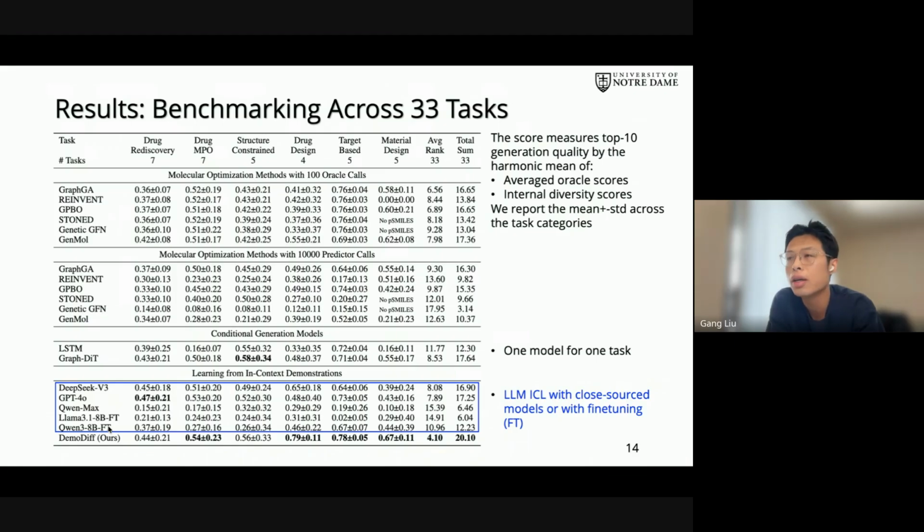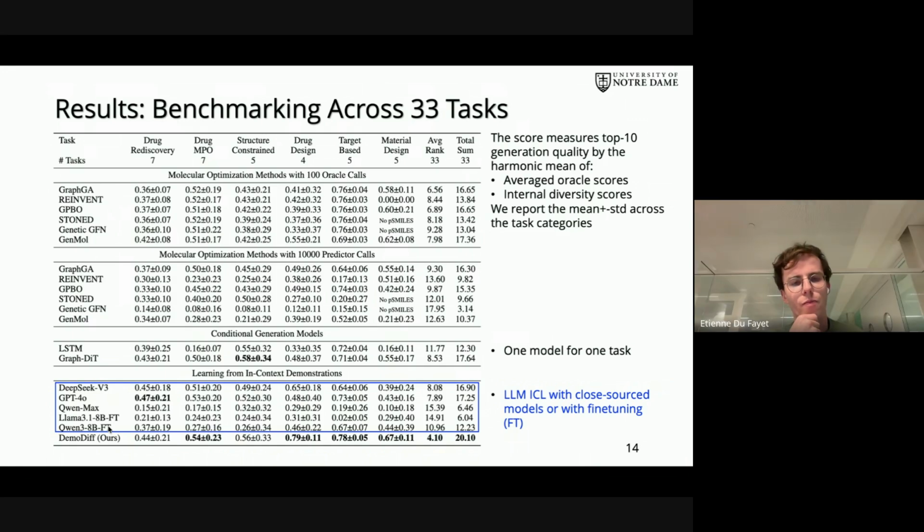Generally, if you want to autoregressively generate a molecule, you need to define which fragment to generate first and which next. A diffusion transformer is like autoregression in another space. We generate all the parts of the molecular structure directly, and then we refine this structure iteratively. You can think of that as autoregression in a different space. We prefer the latter because we don't want to decide which fragment to generate first. Molecules don't have such a prior, so we don't want to define that. So we choose diffusion.